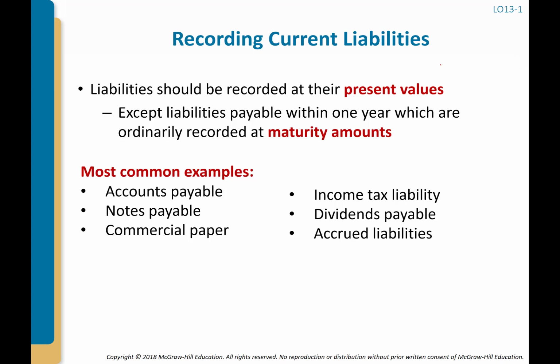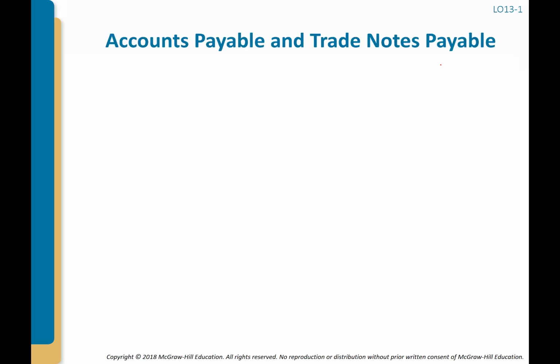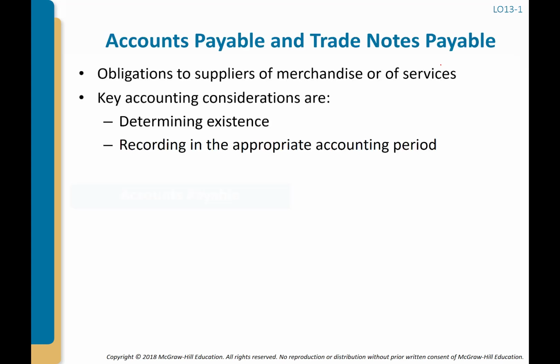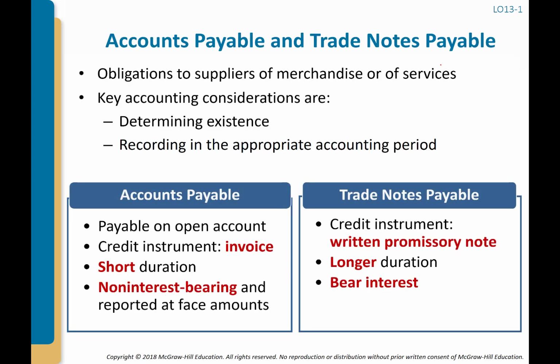Common examples: accounts payable, notes payable. You can have dividends payable. We can accrue liabilities, and we'll talk about some of these processes and different accounts as we go along. Now, when we're dealing with accounts payable, they are usually an instrument in which we have an open account.